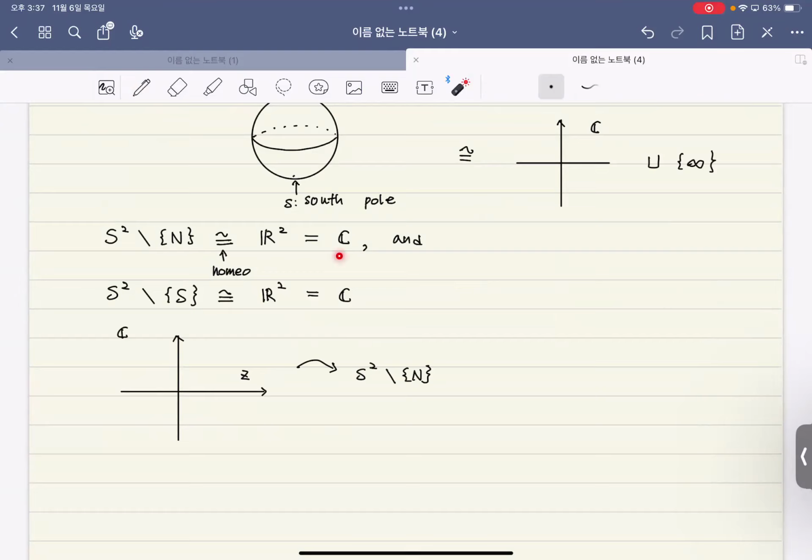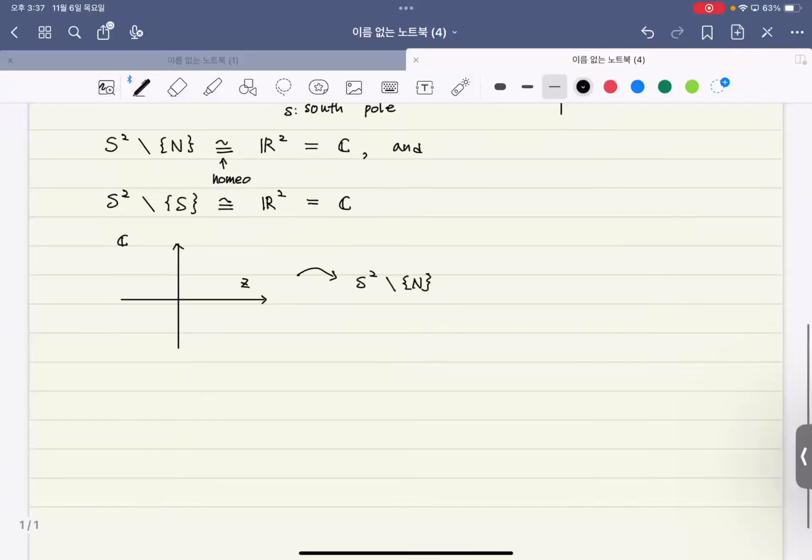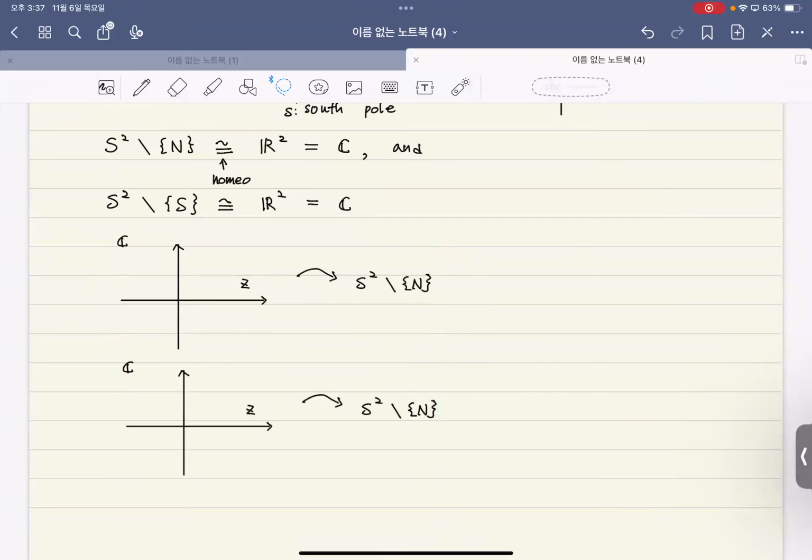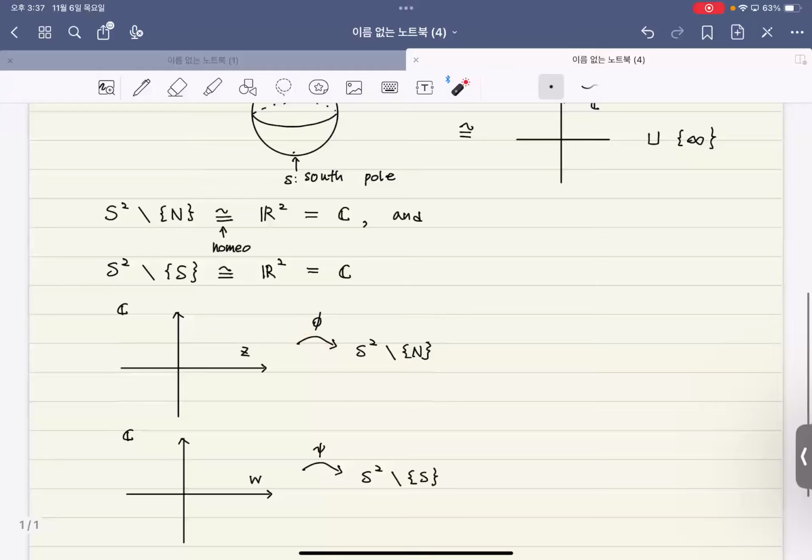This guy is endowed with the coordinate called z, and the same is true for S2 minus the South Pole. But this time around, let me say this guy is equipped with the coordinate called W. I'm going to say this is phi, and this is, maybe, psi. And clearly this is a one-to-one and bijective function between these two spaces.